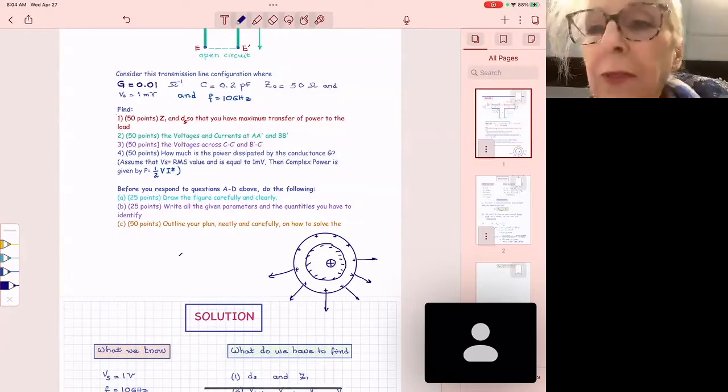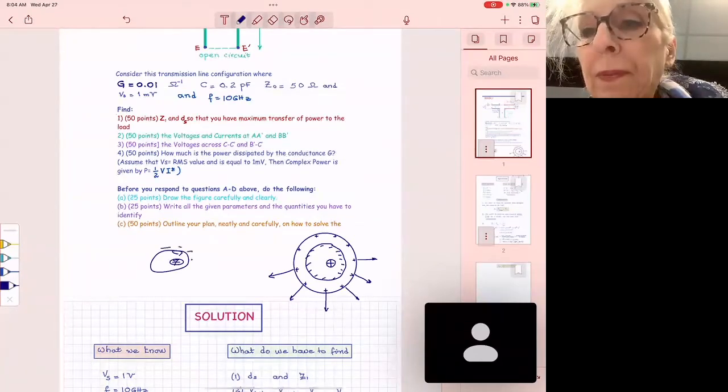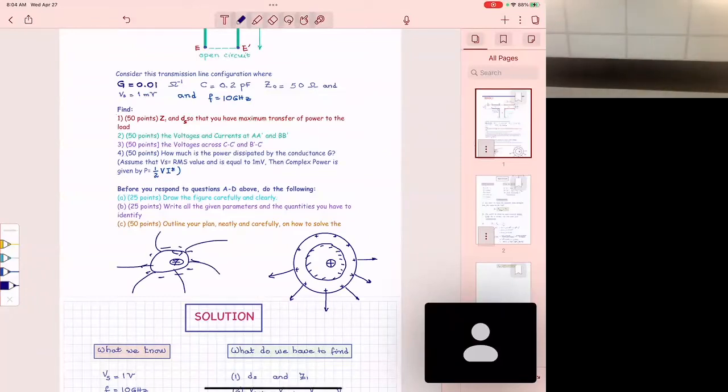What I receive instead of that is something like this. This is what I received. If I were to take that literally, I would say it's wrong, because the lines are not curved, number one.